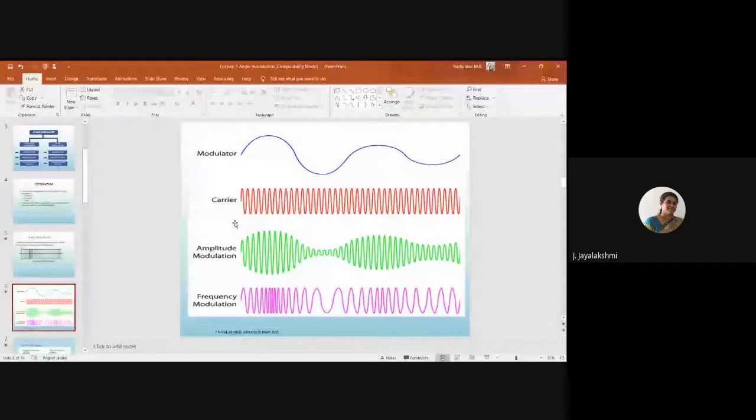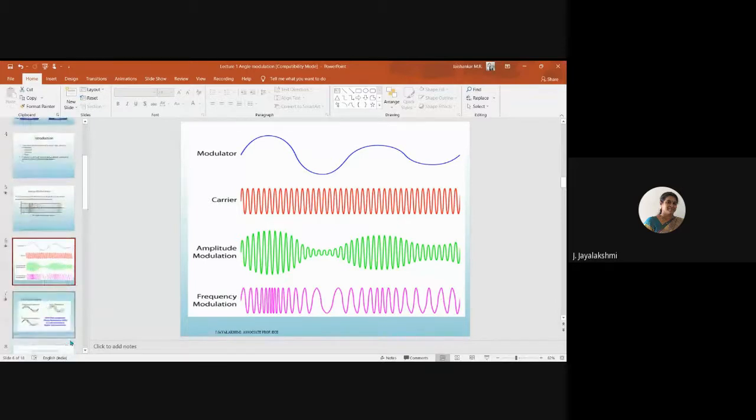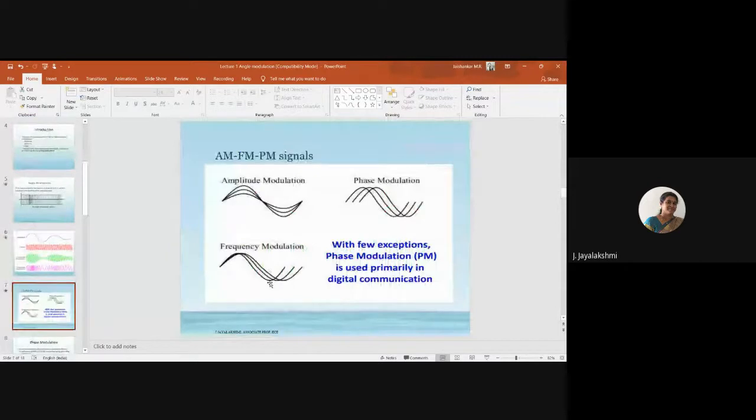The red is the high frequency carrier signal. And this is the AM modulated signal, where the blue colored part has the envelope of the modulating signal. And this is the frequency modulation, where there is a variation of the frequency of the carrier. Here the carrier signal has uniform frequency, whereas here it is varying. It can be depicted like this.